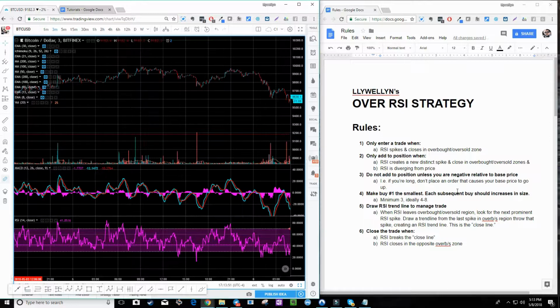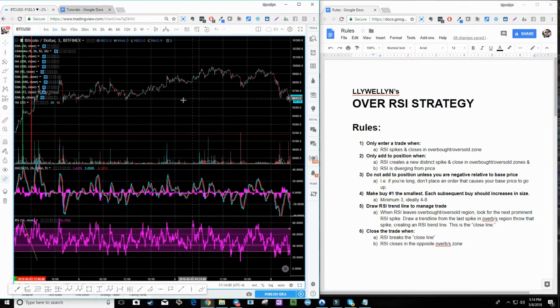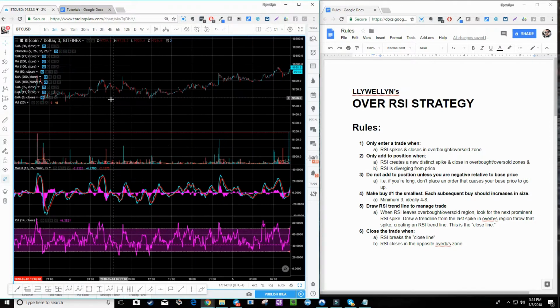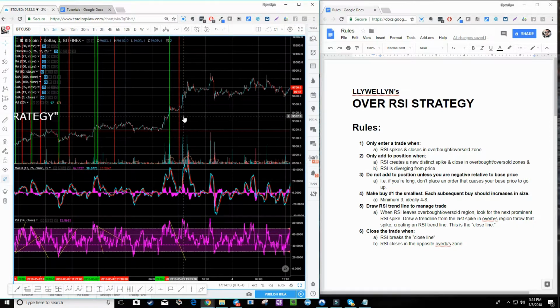Make buy number one the smallest, and each subsequent buy should increase in size. Generally with this strategy, we're buying against the trend to start, and we're looking for a bounce. So I think it's best to be conservative as you're trading like this.